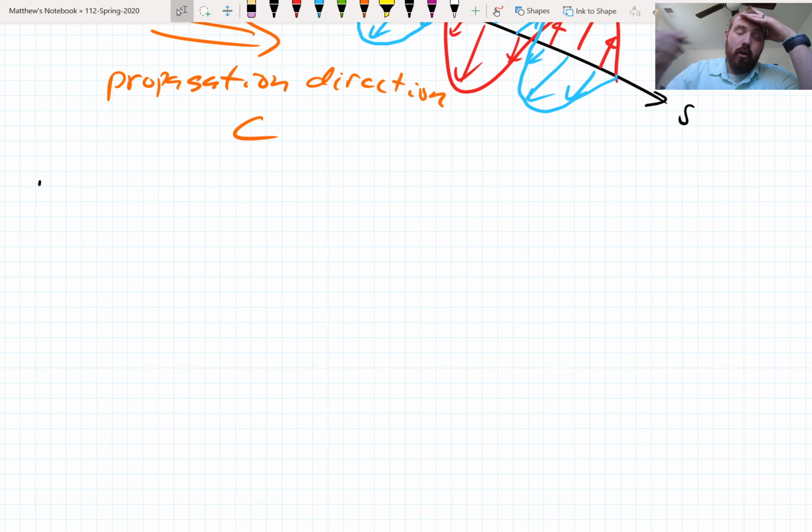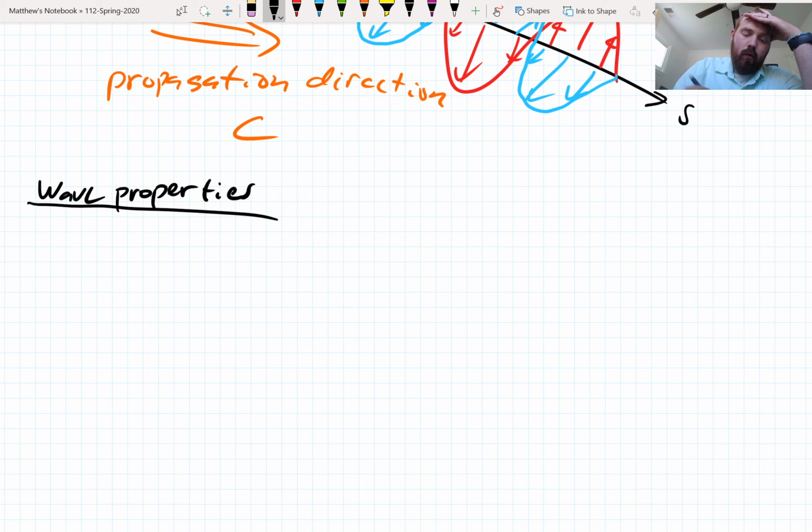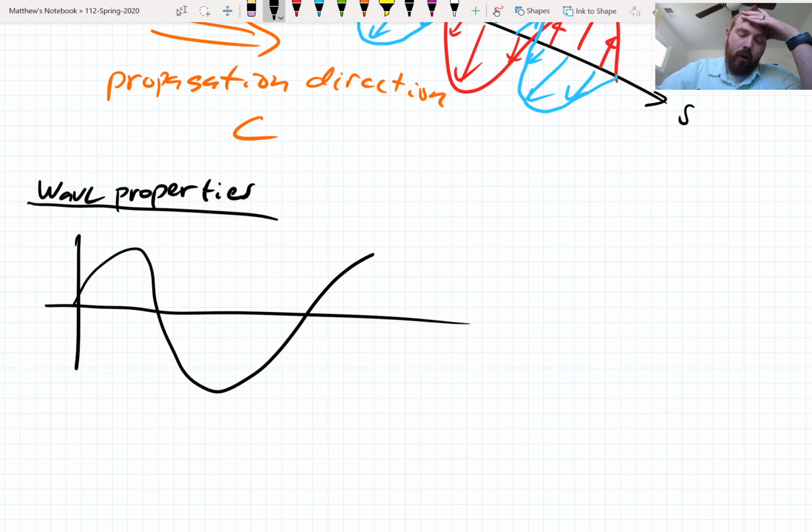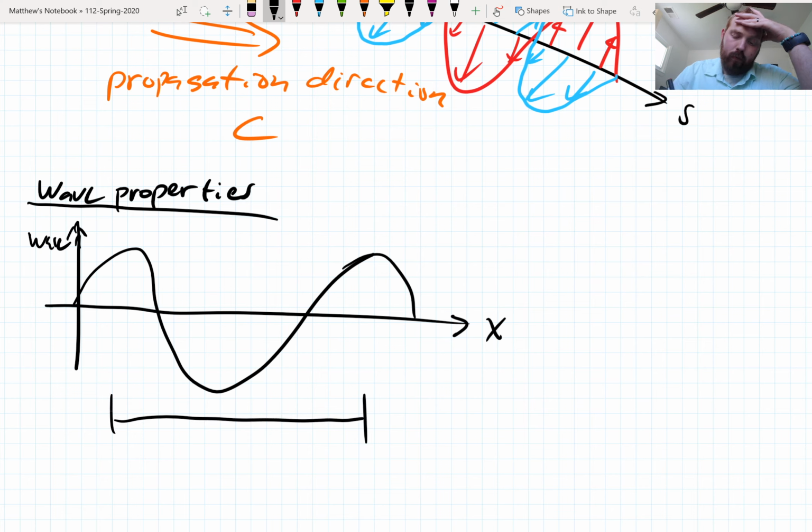So let's start talking about some wave properties. All right. Let's draw the simplest sinusoidal wave I can think of. And we can measure things like the wavelength. I call this x. Wave amplitude. I can say there's this wavelength with a lowercase lambda.